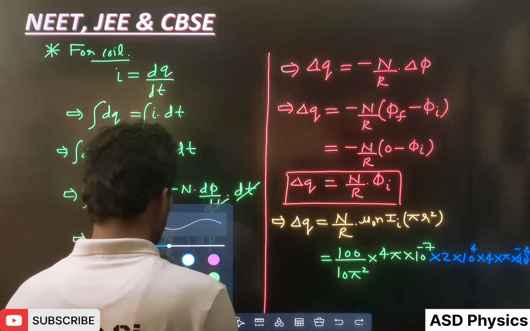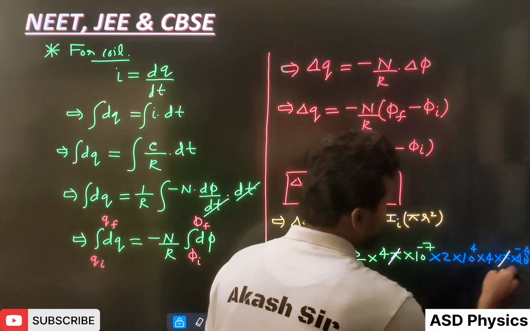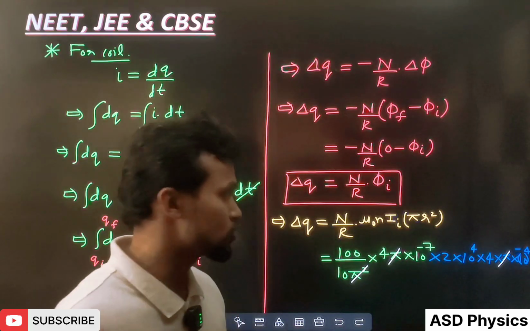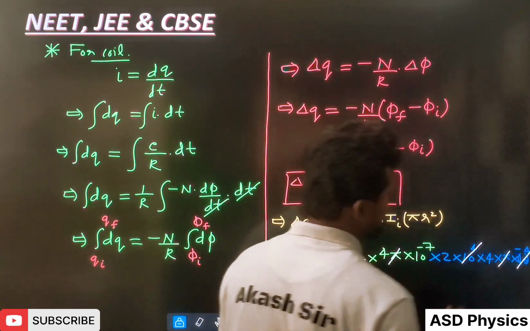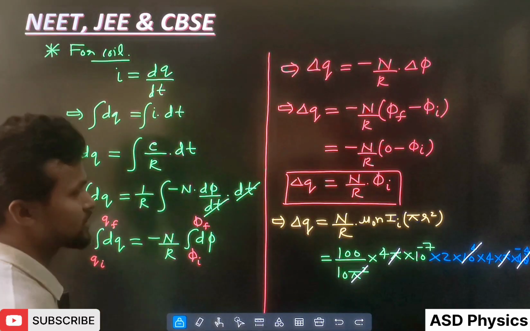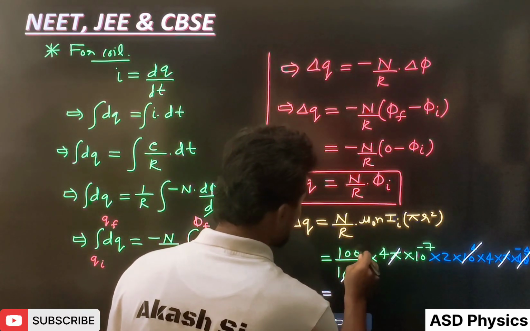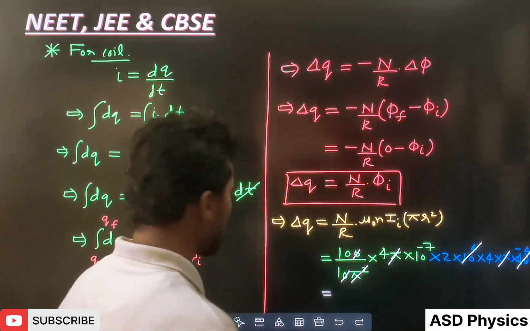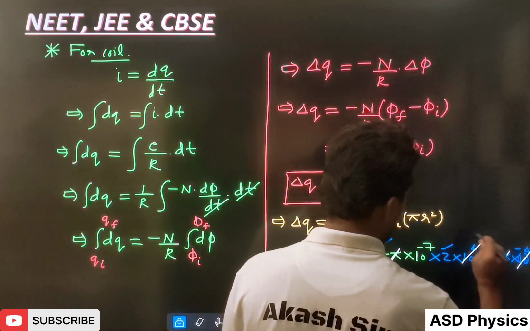Let's see what things can be cancelled out. This pi and this pi are cancelled by this pi square. After that, this 10 to the power 4 is cancelled by this 10 to the power minus 4. Then this 0 is cancelled by this 0. Now this is the 4, this is the 2, this is the 4.